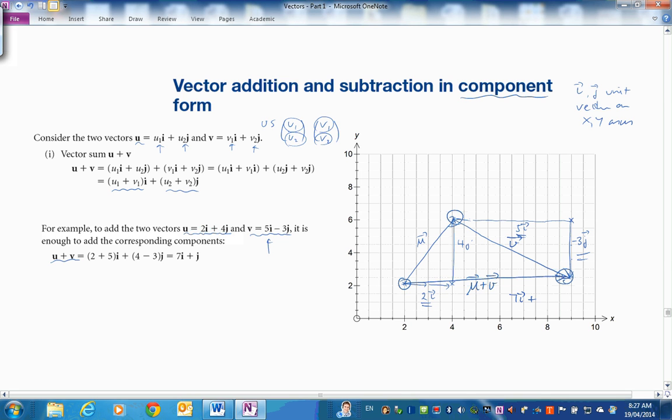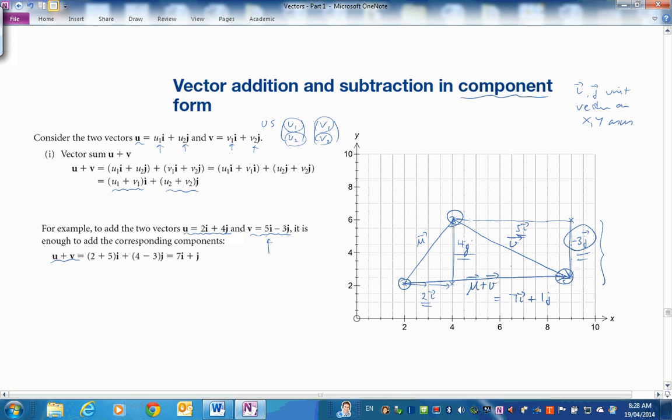And then the movement the other way: we went 4j, but came back negative 3j. I think I put i there, that should have been a j. We will just have one j, wouldn't we? So u plus v is going to be a total of 7i, but we've gone down 3j.